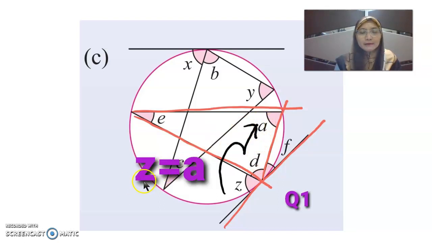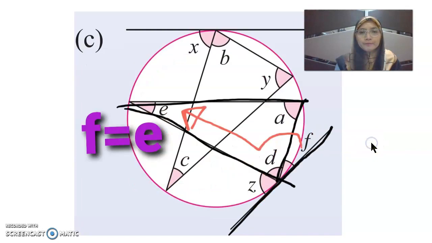Therefore, Z is equal to A. Now, let's see another exterior angle F. Exterior angle F jump into opposite. F is equal to E.